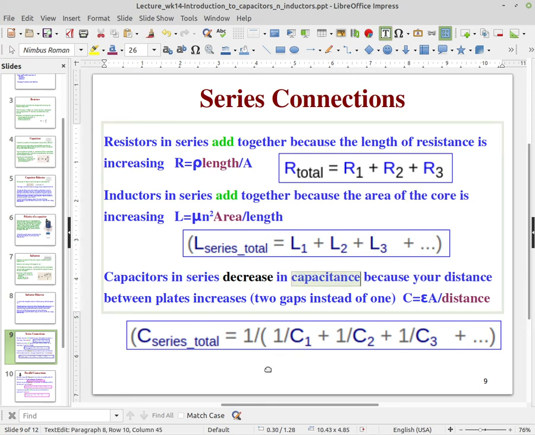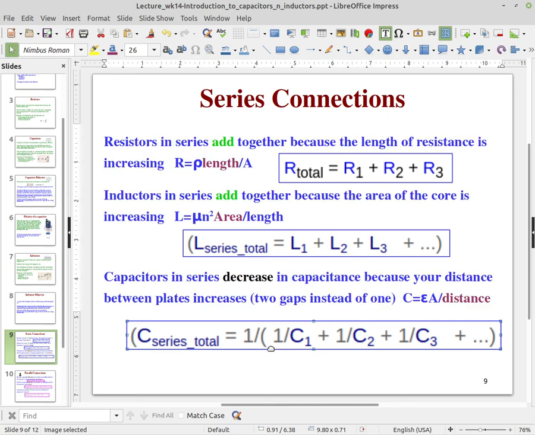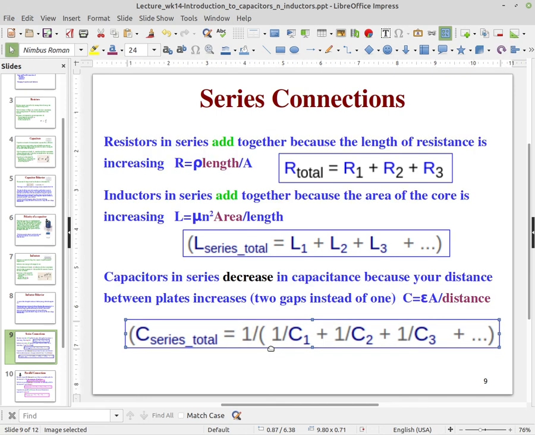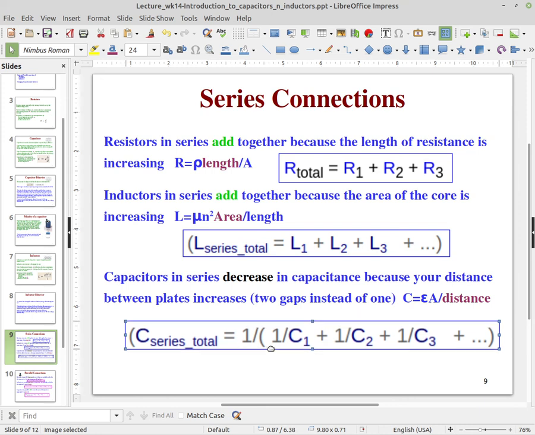Now the interesting thing is if you look at the shape of this capacitor equation down here, when capacitors are in series, the total effective capacitance is 1 over the first capacitor plus 1 over the second capacitor, and so on.